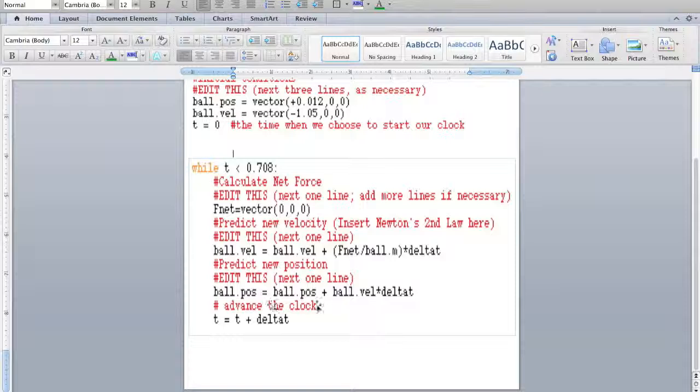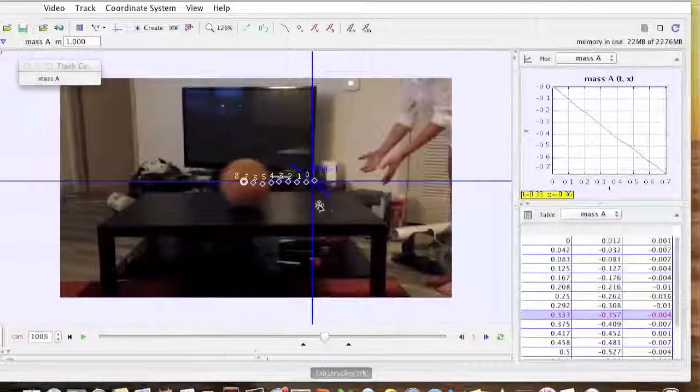And then over here, the next really important line is the position equation, which is ball.position is equal to ball.position plus ball.vel times delta t. And this line right here, advance the clock, t equals t plus delta t. This is to advance time as the code runs, so each time it's like a loop. Every time this happens, the ball will move forward in its velocity and its position.